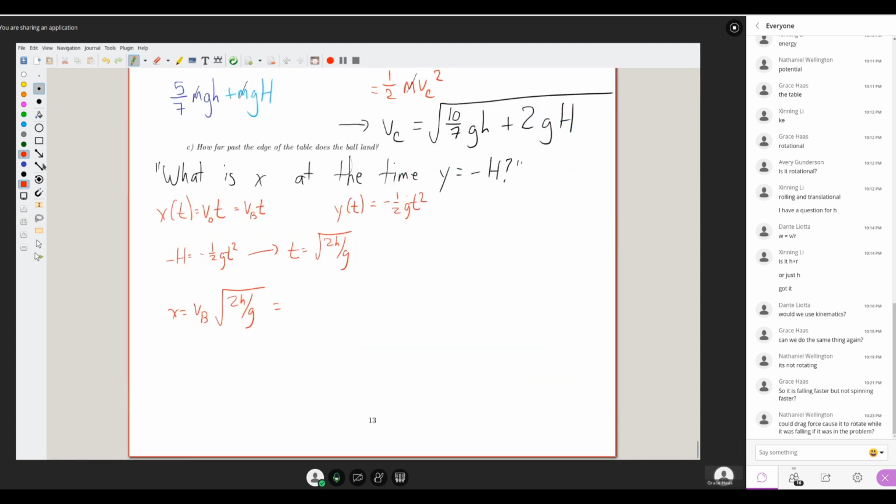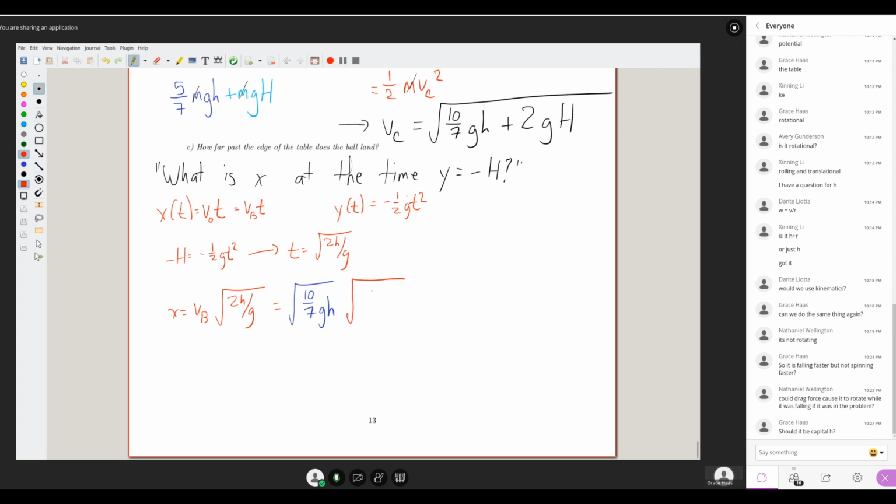So that's equal to the square root of 10/7 gh times the square root of 2 big H over g. Yes, you are right. Thank you, Grace. I was about to just completely bungle that. It's the problem with speaking, because you say both of those letters in the same way.